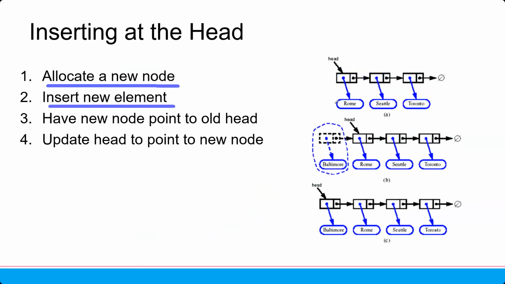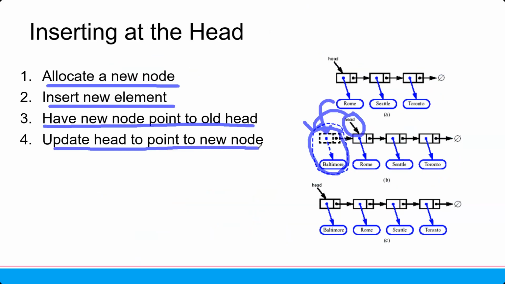So I will insert the node before the head, and then have the new node point to the old head. Now the head will be in this new node. So update head to point to the new node.